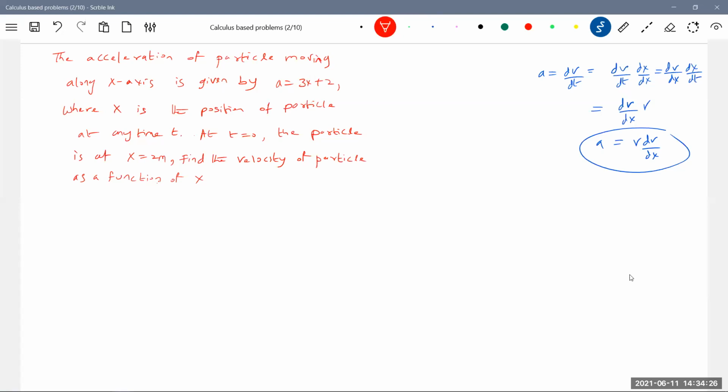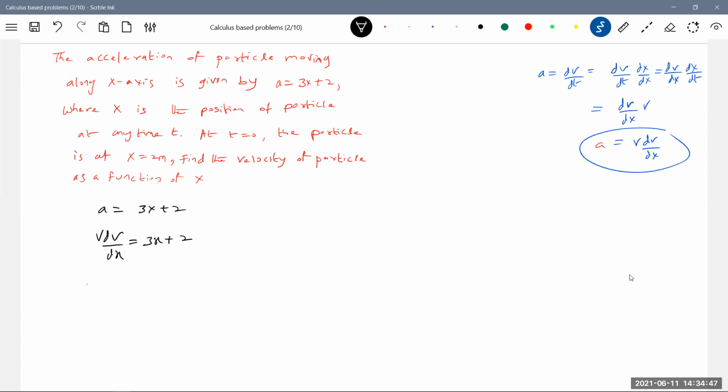So like this, you can bring acceleration as a function of position. Okay, let me write here. The given equation is a equal to 3x plus 2. So this will become v dv by dx equal to 3x plus 2. This is x here, not a multiplication mark.